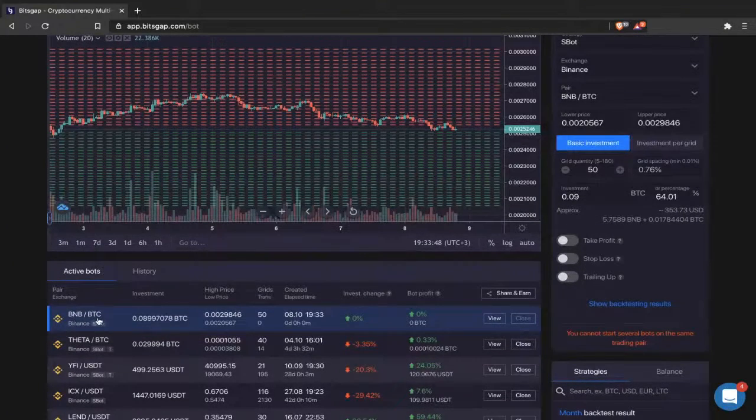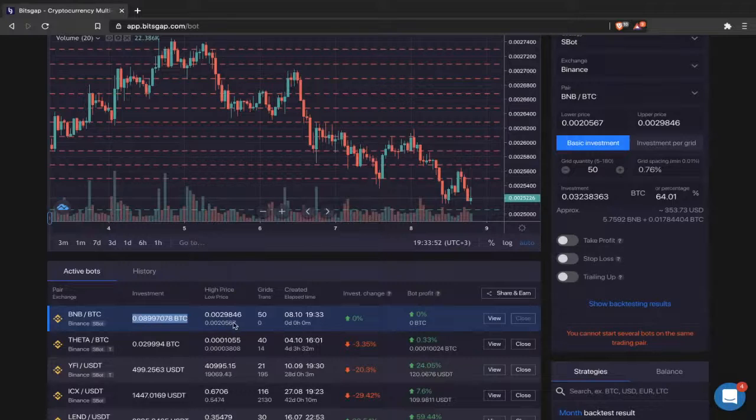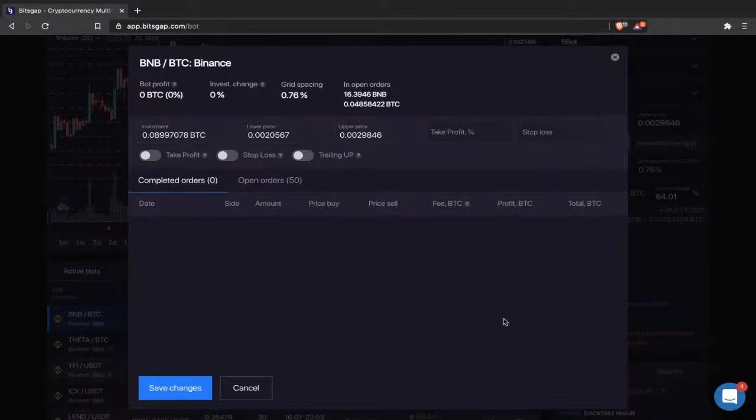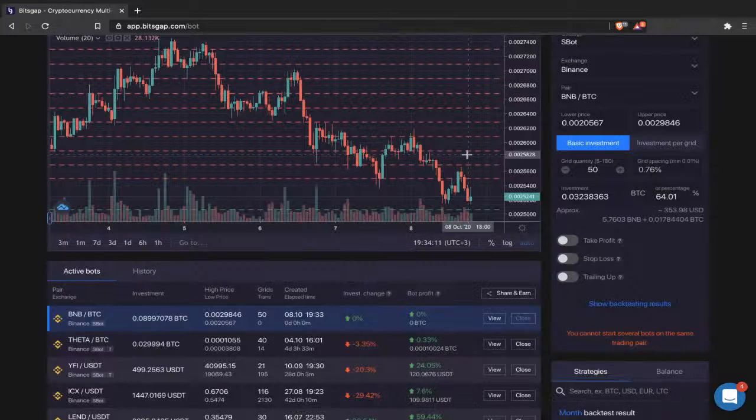You see BNB trading to Bitcoin with the total investment, and if you click on view, here's the exact investment distribution. So right now, for this trading configuration, you have 16.3 BNBs in sell orders and 0.04 Bitcoins in buy orders.